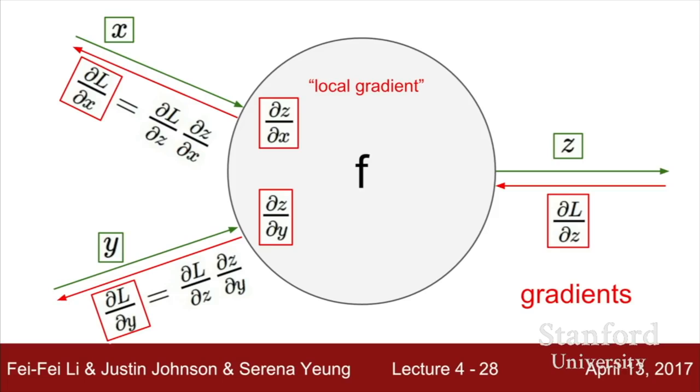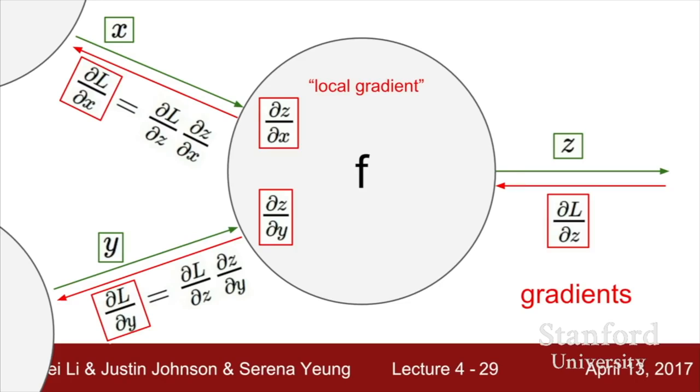Okay, so now the gradient of L with respect to y, we have exactly the same idea, where again we use the chain rule. We have the gradient of L with respect to z times the gradient of z with respect to y, right? We multiply these together and get our gradient. And then once we have these, we'll pass these on to the node directly before, connected to this node.